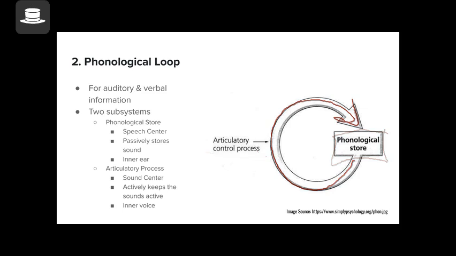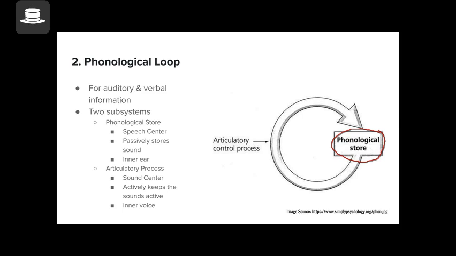The phonological store is like your inner ear. Now, just try to say something in your head. Say some words, say Shri, for instance. Now, when you said that Shri in your head, that sound is held somewhere as if there is an inner ear, an imaginary analogy, right? That is the phonological store. It's your inner ear.